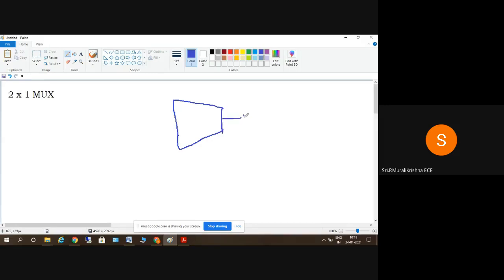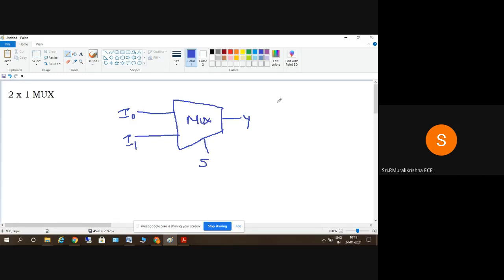Y is the output, and there are two inputs I0 and I1, and S is the selection line. This is the 2:1 multiplexer block diagram.